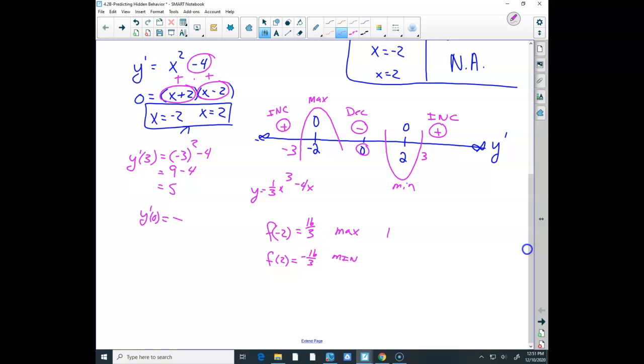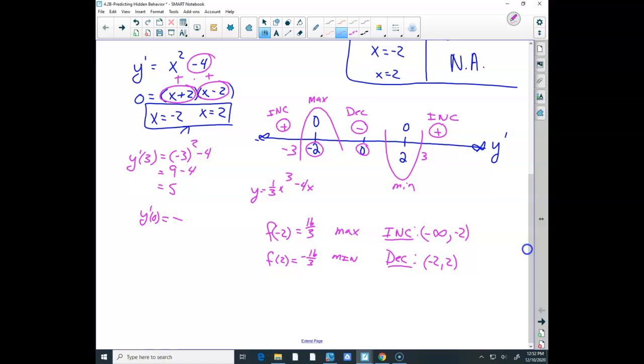And where am I increasing and decreasing? Intervals. Well, I start increasing at -∞ all the way up to my critical value of -2. Then I decrease from -2 to 2.